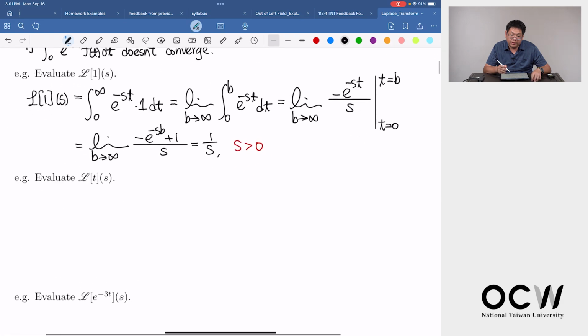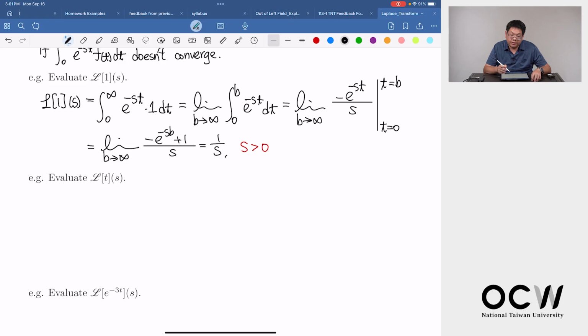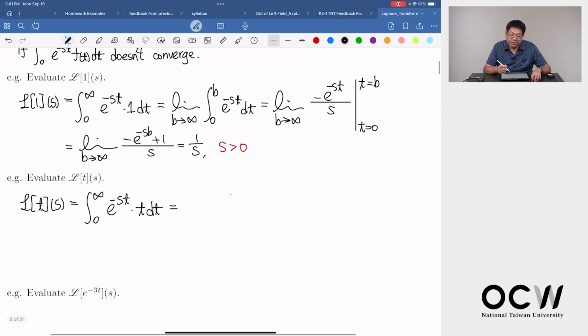The next, let's evaluate the Laplace transform of t. Okay, so I only have t. That'll be e to the minus st times the function, and the function is t. Let's do this improper integral step by step.